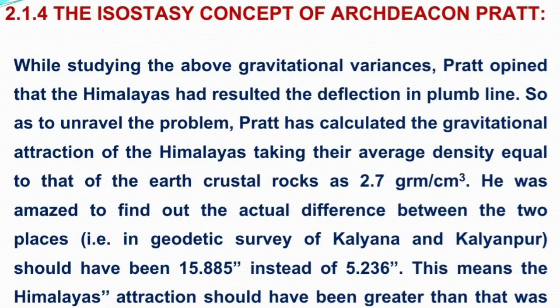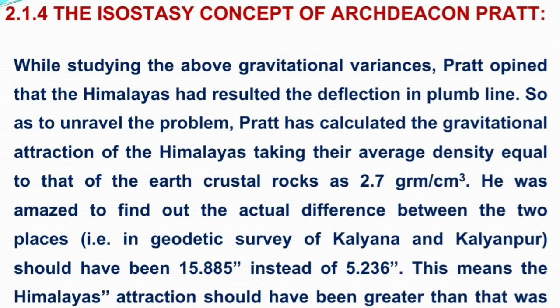While studying the above gravitational variances, Pratt opined that the Himalayas had resulted in the deflection of the plumb line. So as to unravel the problem, Pratt calculated the gravitational attraction of the Himalayas, taking their average density equal to that of the earth's crustal rocks, as 2.7 grams per cubic centimeter.